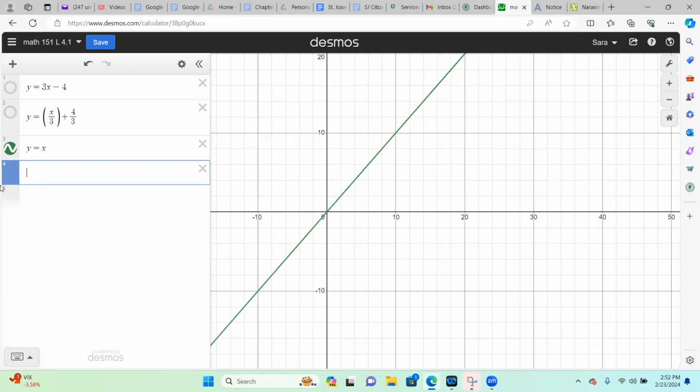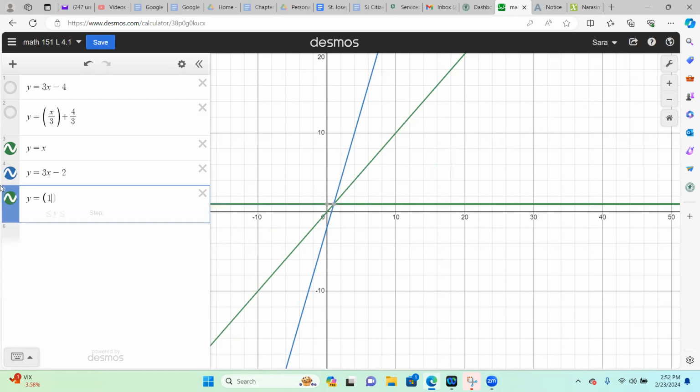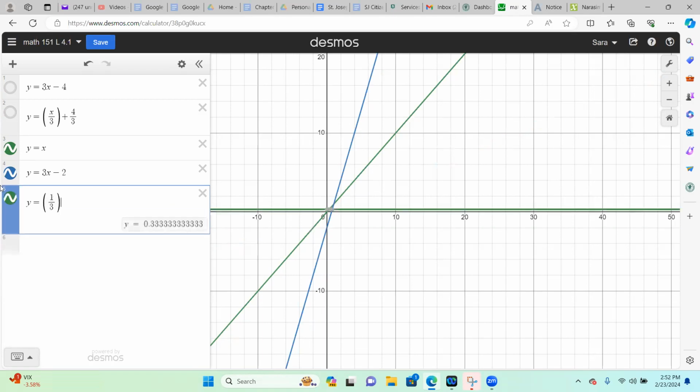And y equals 3x minus 2. And then y equals 1/3 x plus 2/3.